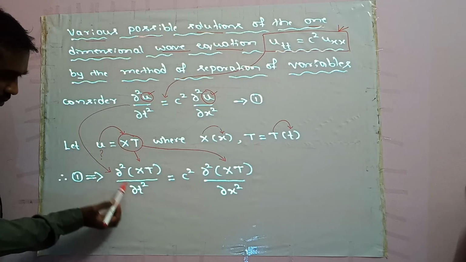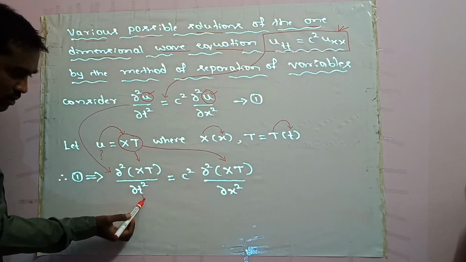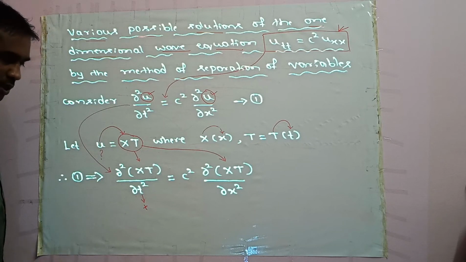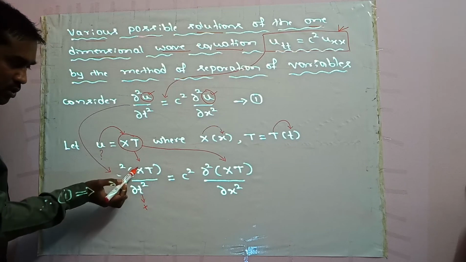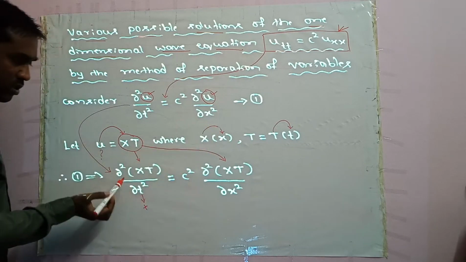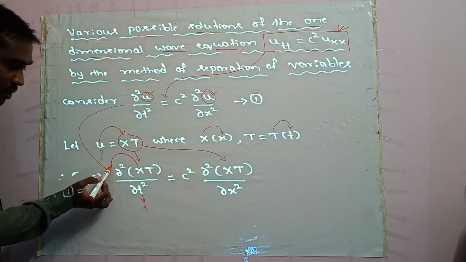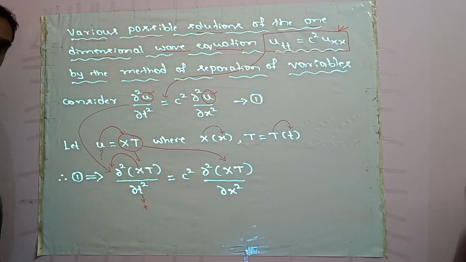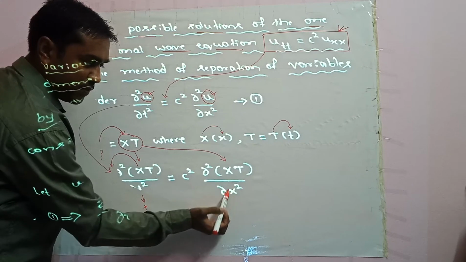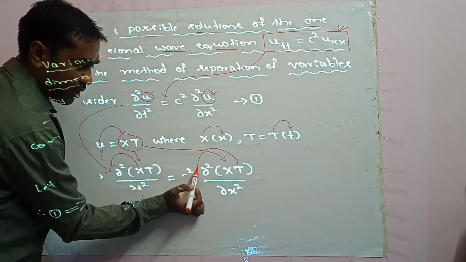Since our derivative is a partial derivative with respect to t, X will be taken as constant. We know that capital X is a function of x, therefore we can treat X as a constant and write it outside the derivative. The same thing happens here. Since we are differentiating partially with respect to x, T remains constant and can be taken out.